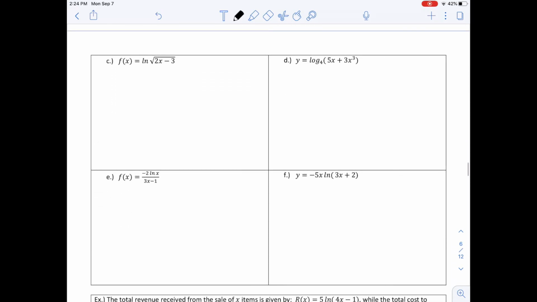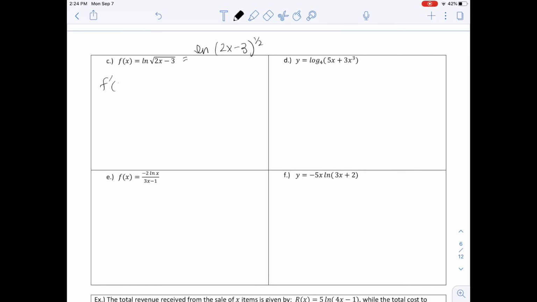On the next page we have C, and C says f of x equals ln of the square root of 2x minus 3. And again, remember the square root can be written as ln of 2x minus 3 raised to the 1/2.